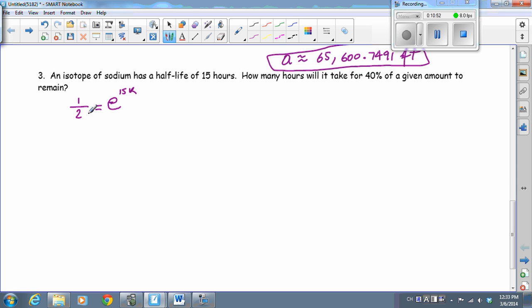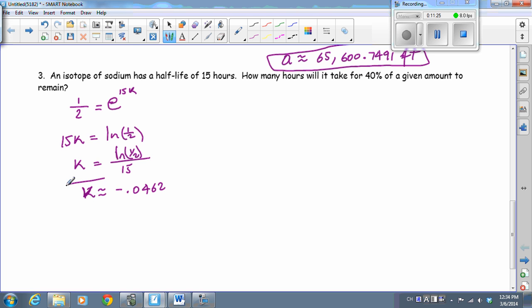In other words, regardless of what you're starting with, half-life is e to the power of 15k. Let's solve for k. I will find the natural log on both sides to get 15k is equal to the natural log of 1/2. So k is equal to the natural log of 1/2 over 15, which is approximately equal to negative 0.0462.